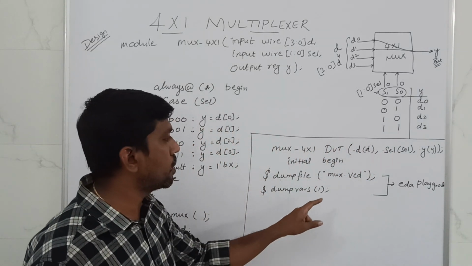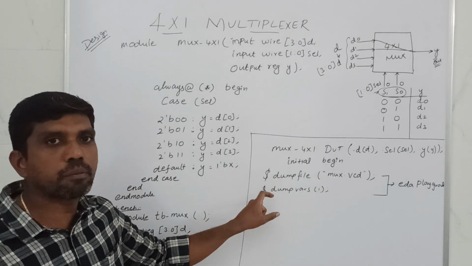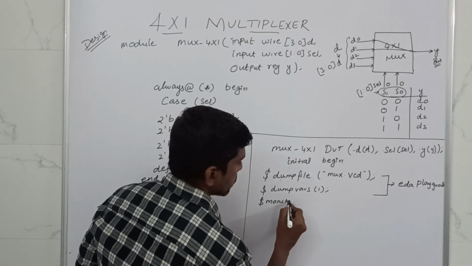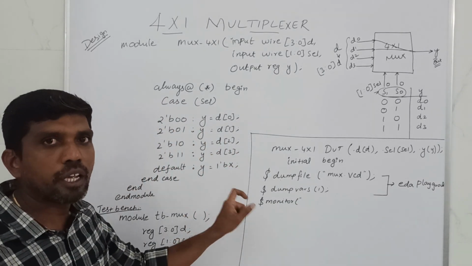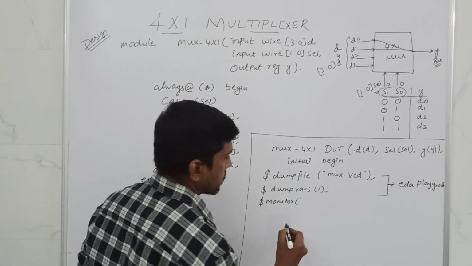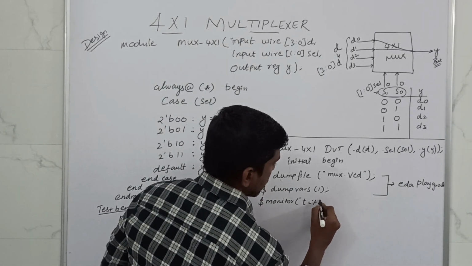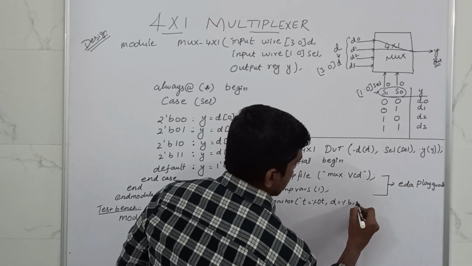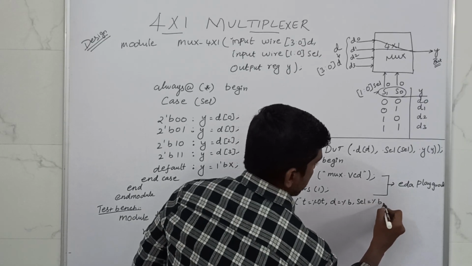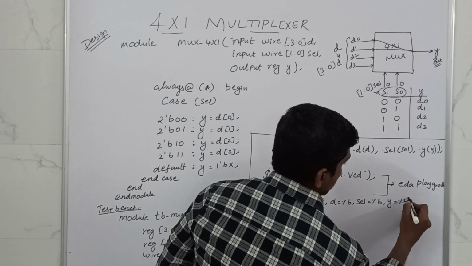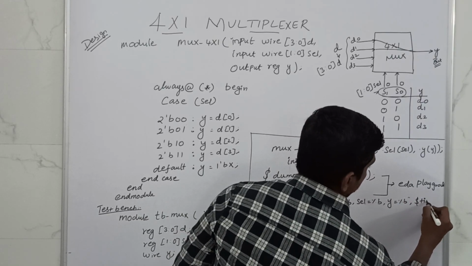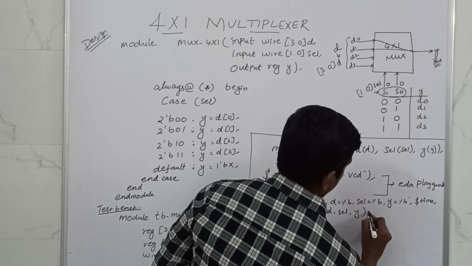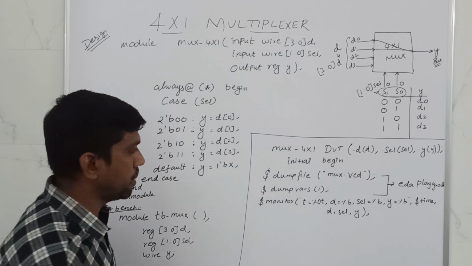So while you run the code on EDA Playground, you can use these two statements to find the waveform. Then $monitor. This statement helps to monitor the input variable values and output values. "t = %0t, D = %b, selection = %b, Y = %b", $time, D, selection, Y. So it's a monitor statement.